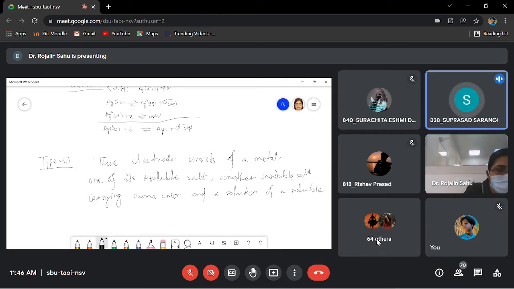One of them is an insoluble salt, then an insoluble salt carrying the same anion, and a solution of a soluble salt carrying the same cation.